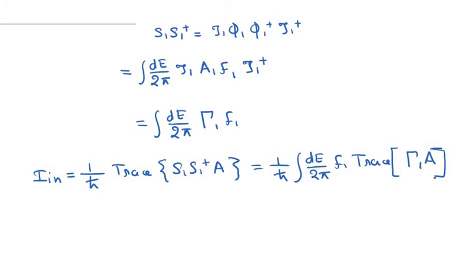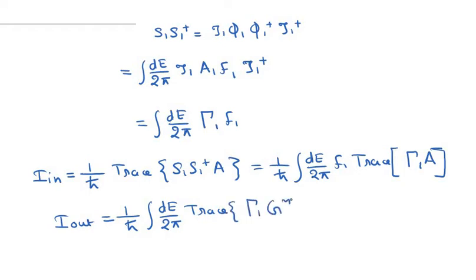In a similar way, we have already done the calculations previously, so I am not redoing it. In the case of two contacts, you can easily figure it out. If you repeat the same calculation, you can get the outflow as 1 by h bar integral of dE divided by 2 pi and then trace of gamma 1 Gn.